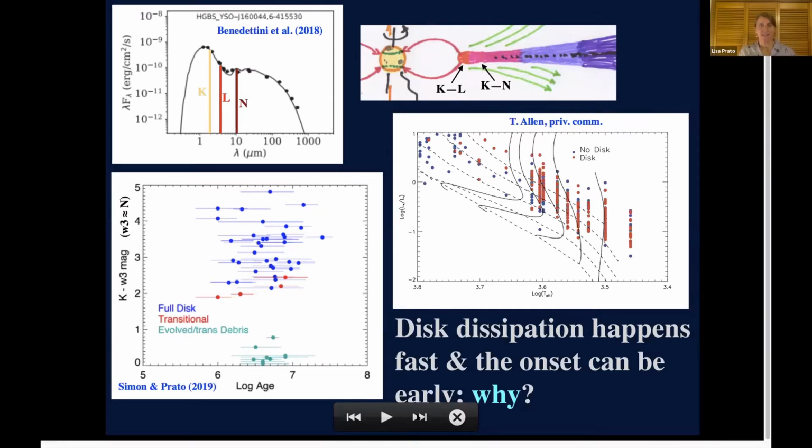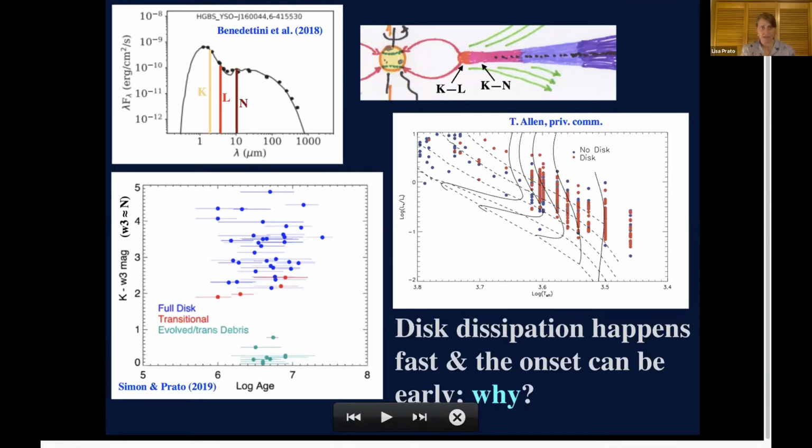You can see the warmest dust right by the dust destruction radius, where you have the warm gas and the accretion flows kicking in. That's where you see your K-L color. And then you have K-N just a little bit further out in the disk. Of course, the distances depend on the stellar temperature and the exact disk shape. But what happens if we look at the K-L and K-N for a large sample in the lower left there?